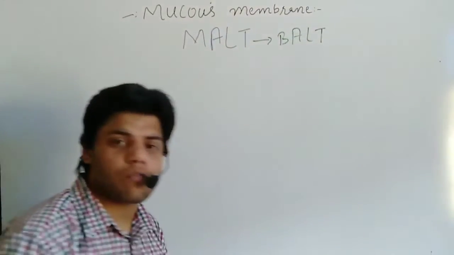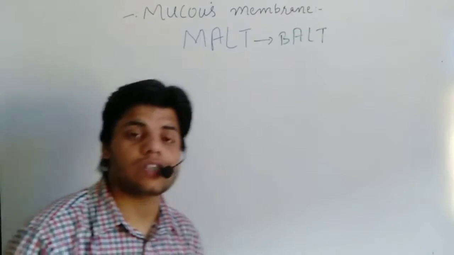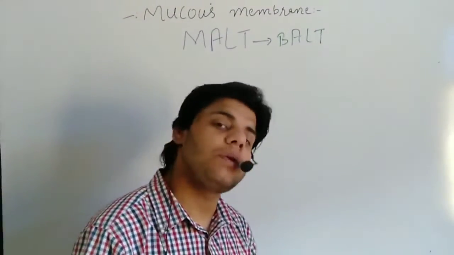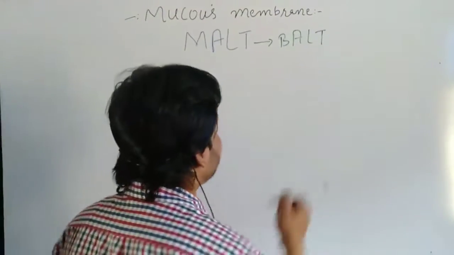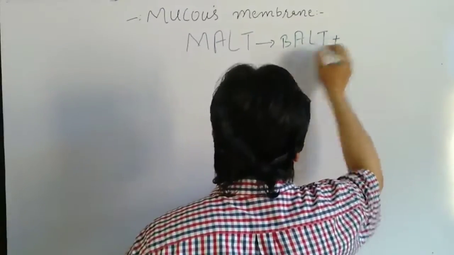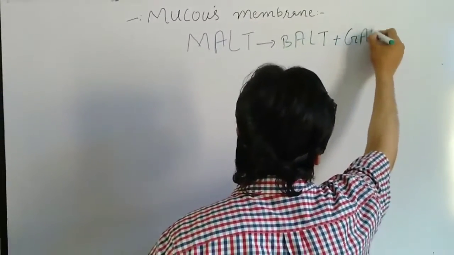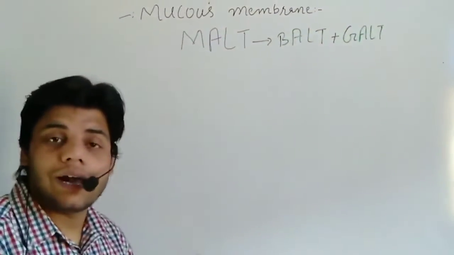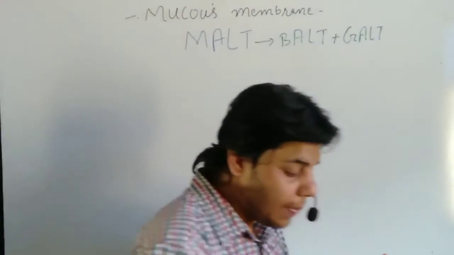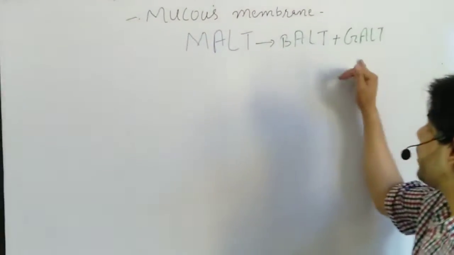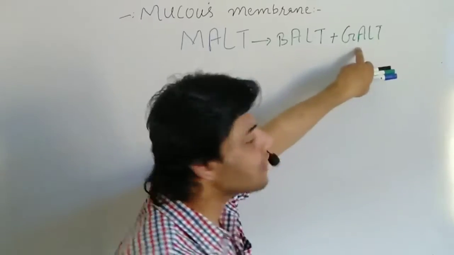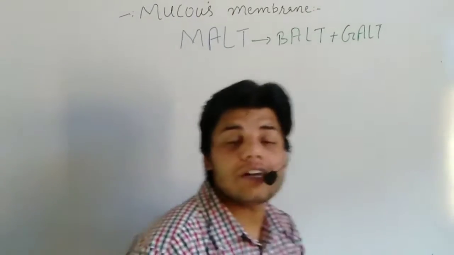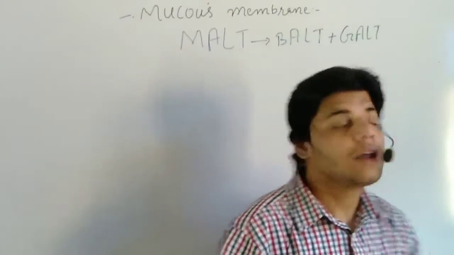Now this BALT stands for bronchial associated lymphoid tissue. Inshallah, it will be discussed in the next video lecture. And they also contain GALT, which means gut associated lymphoid tissue. Now where is this GALT present?